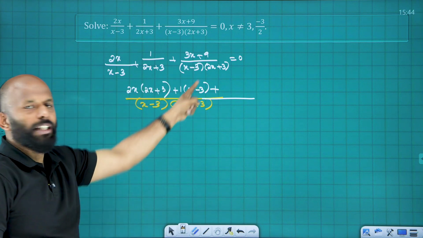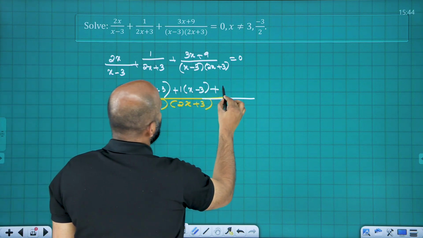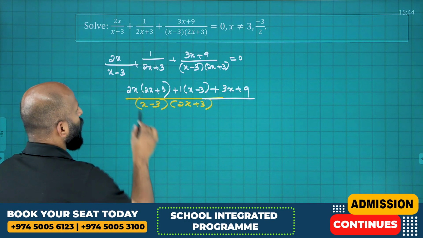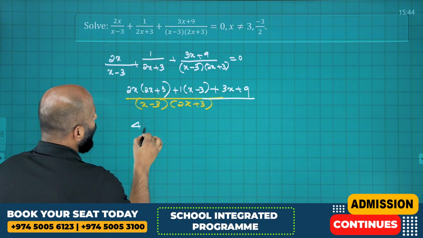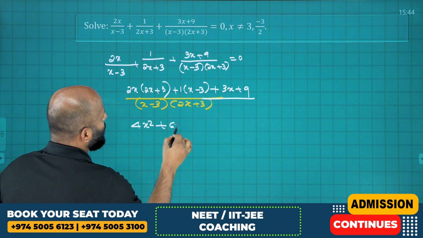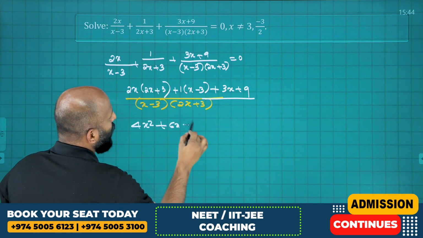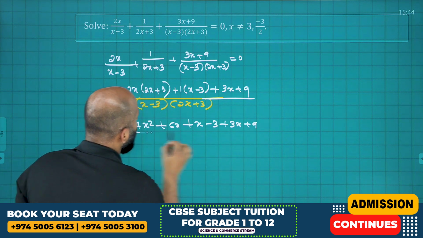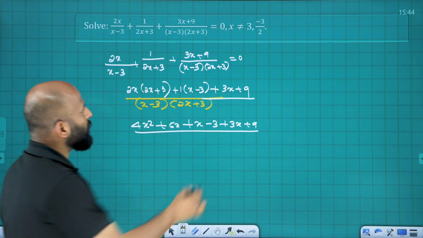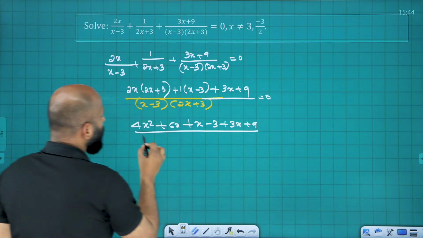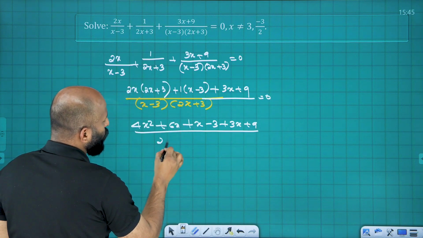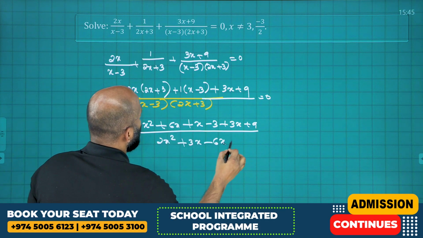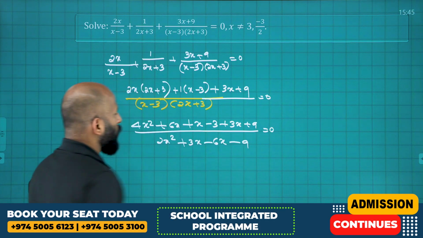Now, when we compare this, the same denominator, so only the numerator we can write, 3x plus 9. That is equal to 2x into 2x becomes 4x square, then plus 6x, 2x into 3 becomes plus 6x, plus x minus 3 plus 3x plus 9 divided by, when we open the bracket, that is equal to 0. Then x into x is x square, then x into 3 will be 3x, then minus 6x, then minus 9 is equal to 0.